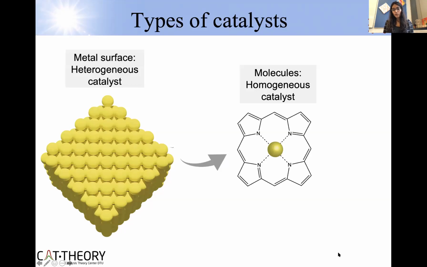And then we have homogeneous catalysts, where we have a metal atom which is surrounded by organic moieties around it. One can have just organic molecules also acting as a catalyst, and that's a subsection of homogeneous catalysis called organocatalysis. But usually it's the organometallic complexes like the one shown in this figure that are used.